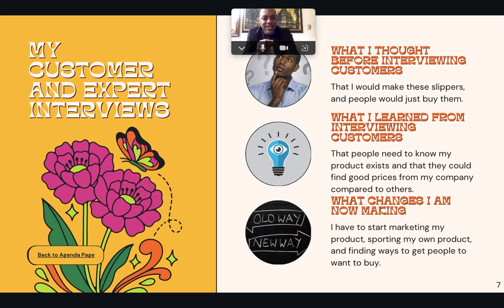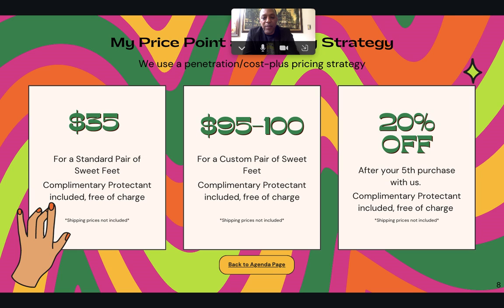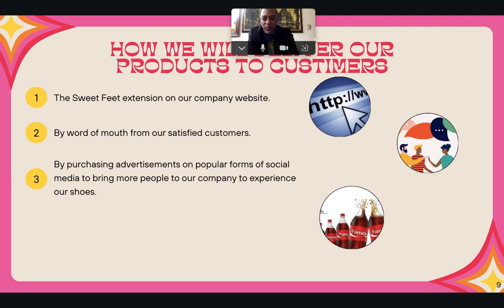And what's interesting is prior to it, we thought this, but what we learned after doing our research, and now we're going to take that information, here's how we're going to apply it. So our price points are based on a penetration cost plus pricing strategy, whereby we do XYZs. And then the way that we're going to introduce our products into customers' hands is through that, and that.